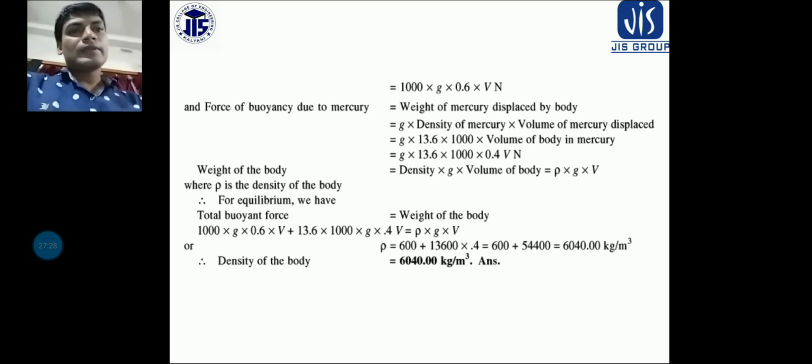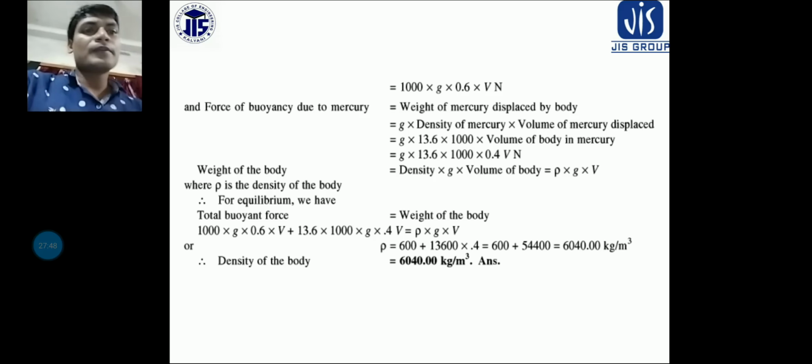So from the water we have 1000 into g into 0.6 into v, plus from the mercury portion, the force of buoyancy due to mercury, 13.6 into 1000 into g into 0.4 v, is equal to rho into g into v.